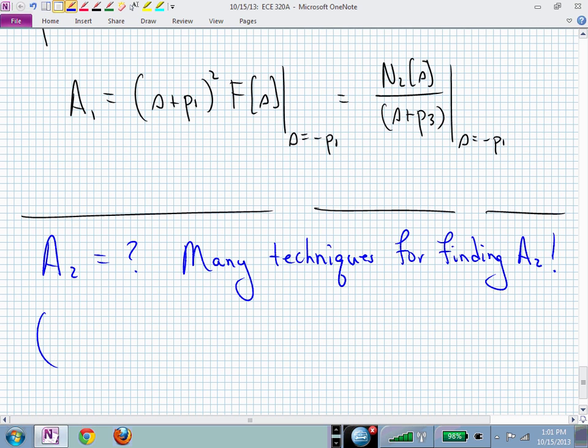But in finding these that you can't find, what we're going to assume is we've already found the ones that were easy using the case 1.